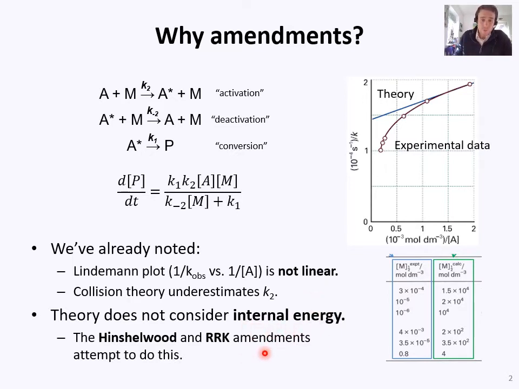So we've got a couple of amendments that I want to talk about in a little more depth, and we'll see how well these do. But the underpinning thing they're both trying to do is to consider the internal energy of the reactions in the different steps.